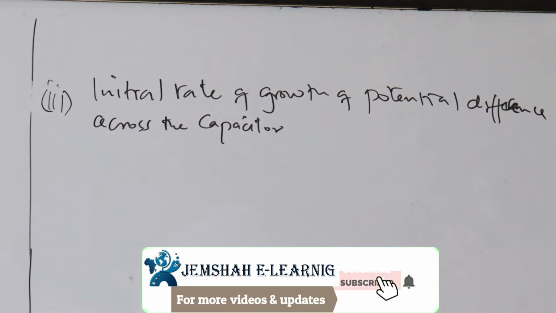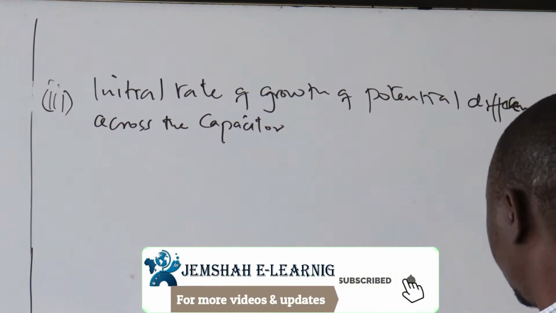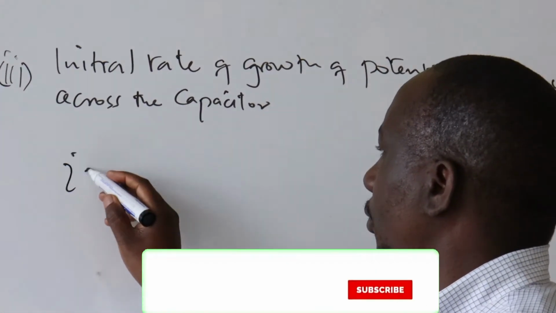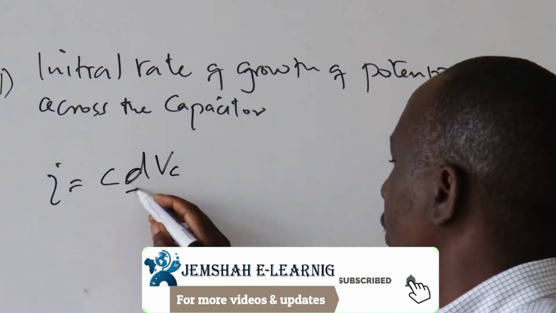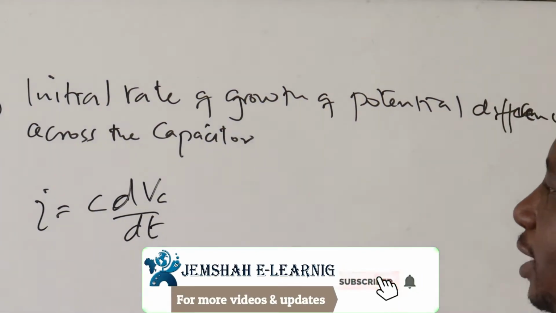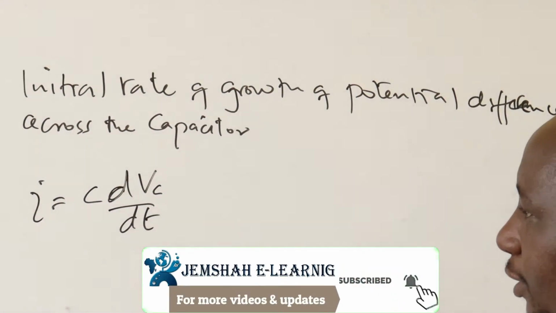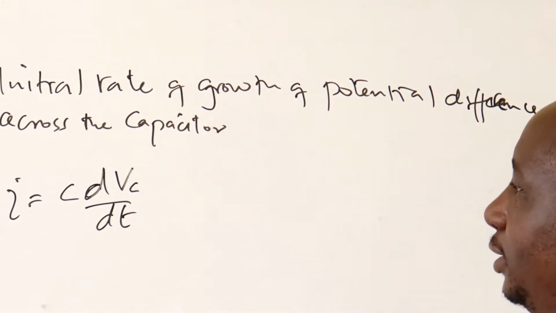One of the things we are supposed to remember is the formula for charging current: I equals C dVc/dt. From this formula itself, dVc/dt gives us the rate of change of the voltage across the capacitor.